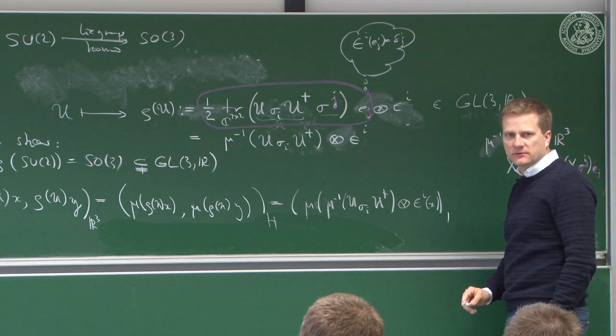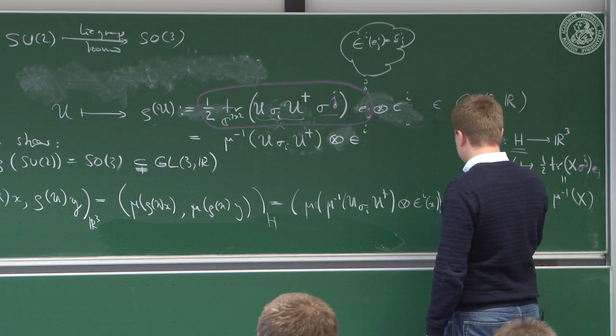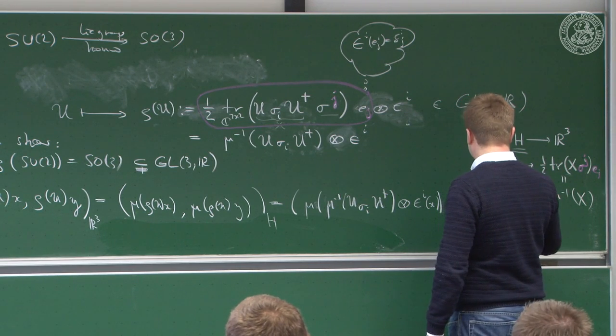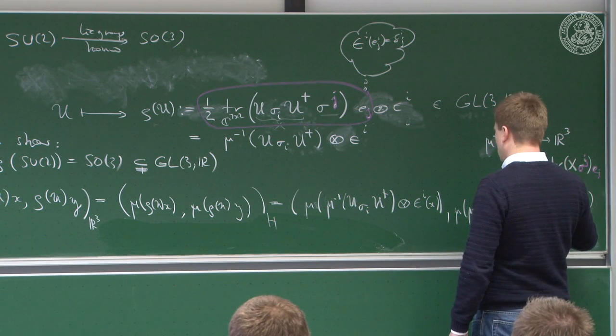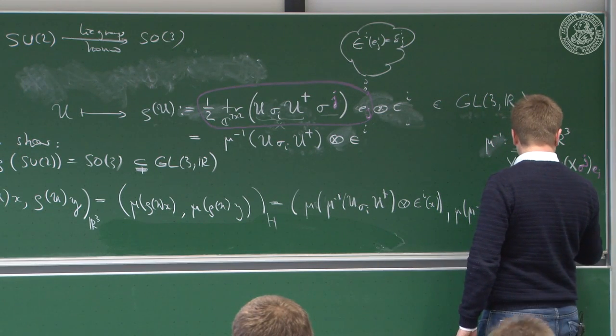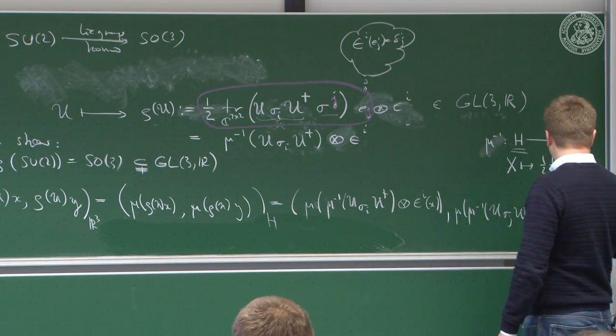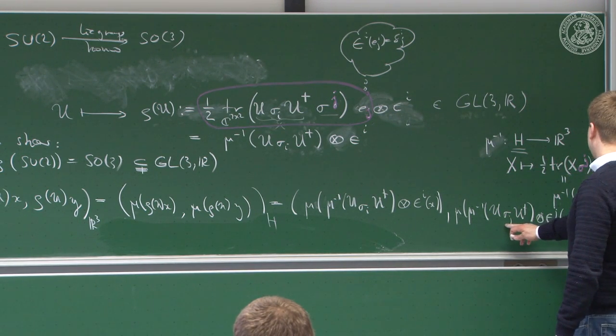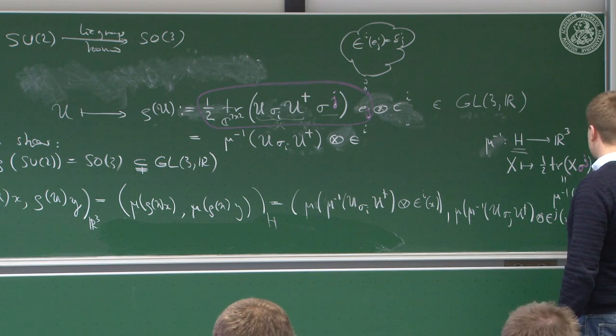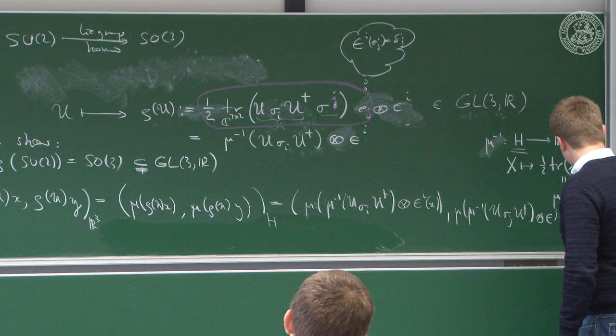So far, so good, right? And then the same thing again. It's mu of mu inverse of u sigma j u dagger. Thing closes. Tensor product epsilon j acting on the y. Bracket of the mu closes and the bracket capital H closes.